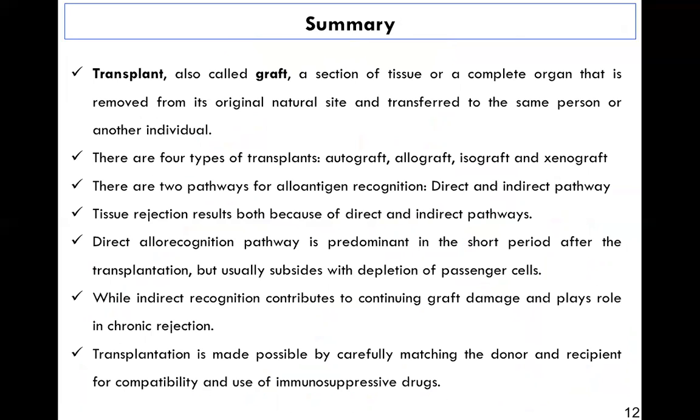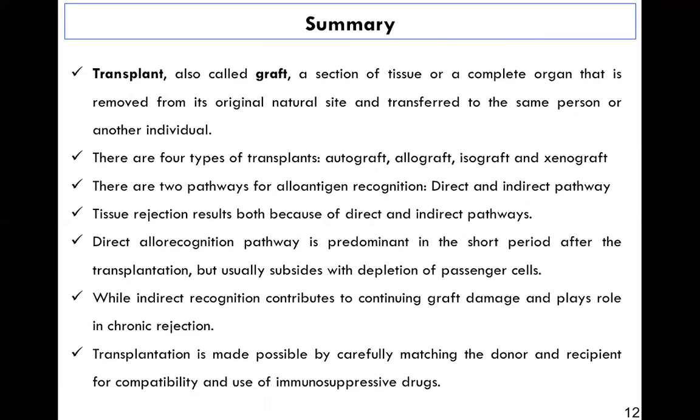In the beginning, we defined the word transplant, which is also called a graft. We mentioned that it is a section of tissue or a complete organ that is removed from its original natural site and transferred to the same person or another individual.